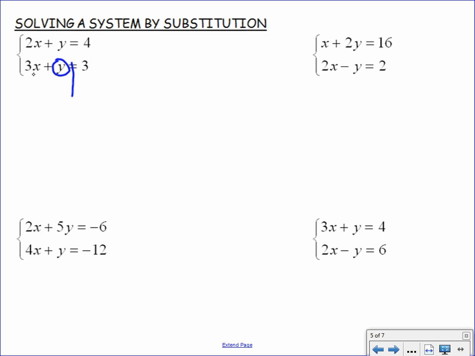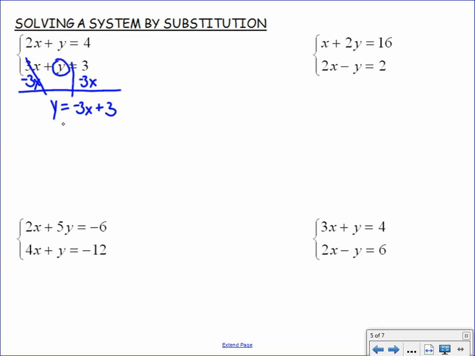If I'm going to solve for y, I need to somehow get rid of the positive 3x by subtracting 3x. These cancel out, leaving us with y is equal to 3 minus 3x, or a negative 3x and a positive 3.